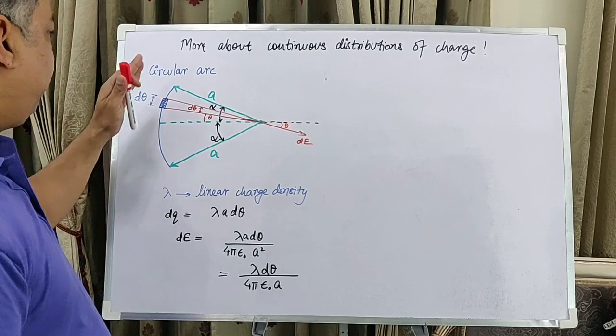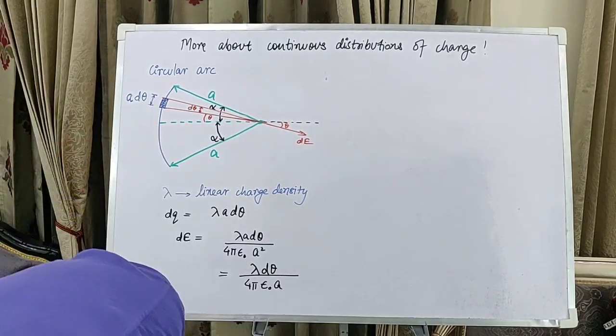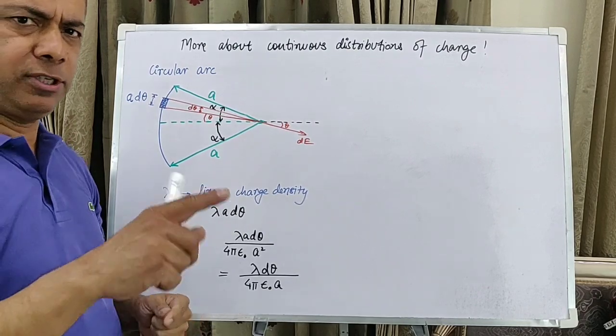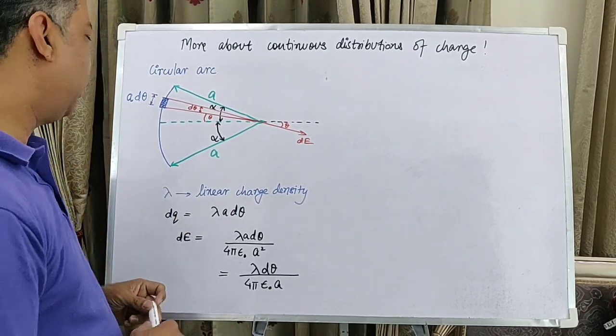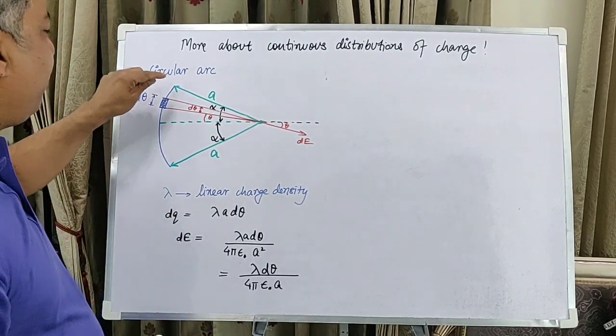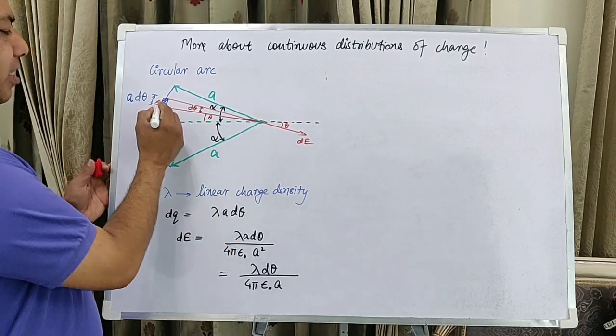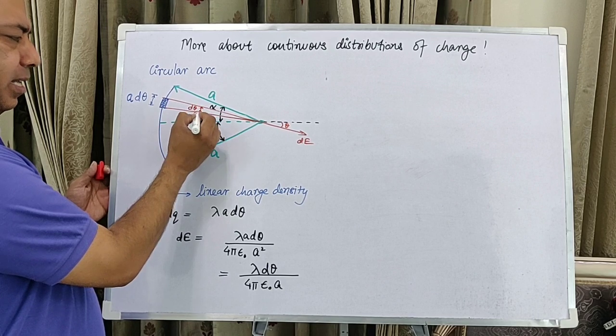Now I'm sure you will recall some of the earlier examples where we used symmetry. We used symmetry with the circular ring, and symmetry can be used here as well. For instance, we have considered this element at theta and d theta.